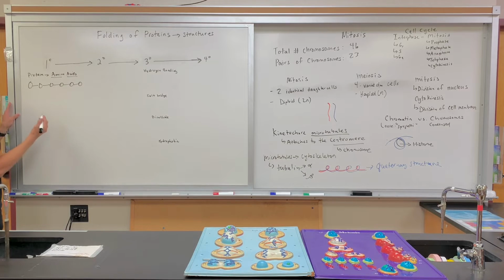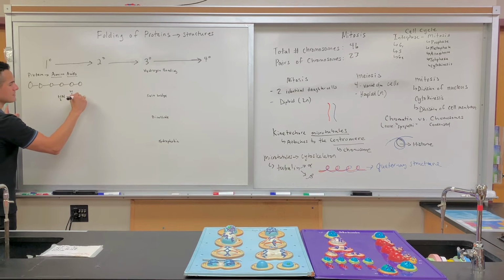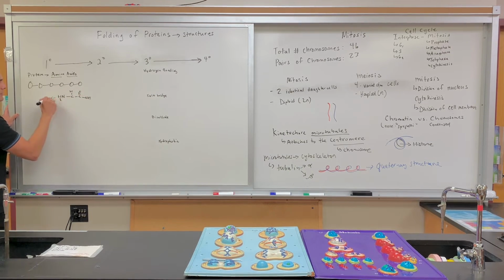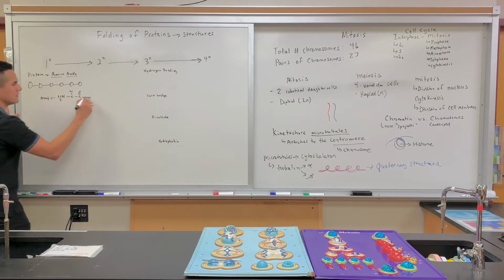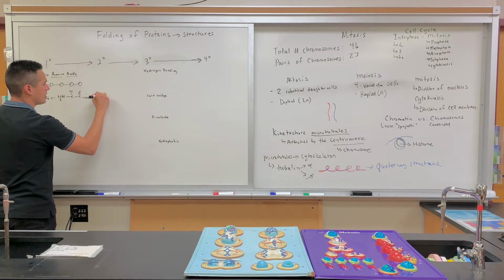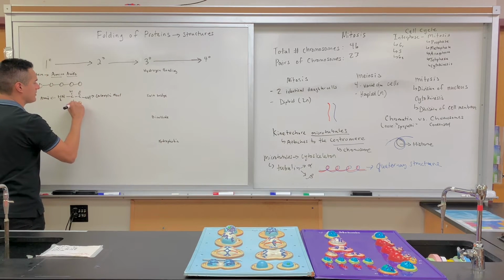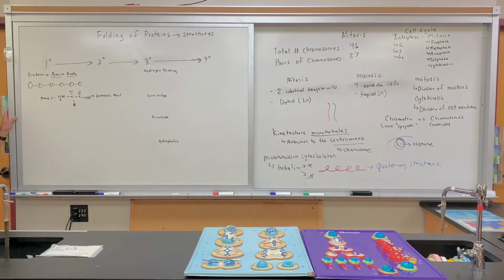And what are the functional groups here? We have this, and then we have this. So this here is my amine group. This is a carboxylic acid. And then we also have the R group here that's on the amino acid.